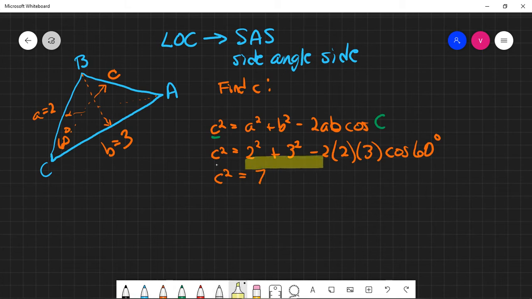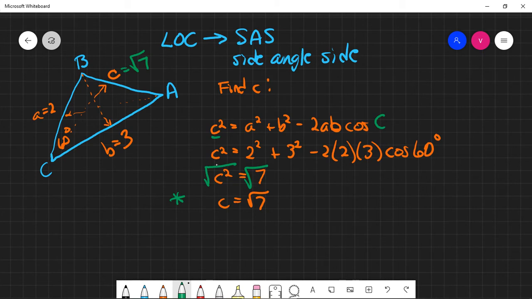Try to do that whole thing in one shot if you can. So you get c squared equals 7. Here is the next big thing that people forget to do. They think they're done because, oh, that big long thing, I'm finally done. No, you want c. You don't want c squared. So you got to take the square root of both sides. So c is equal to root 7.